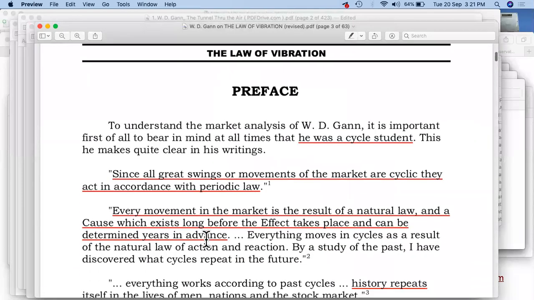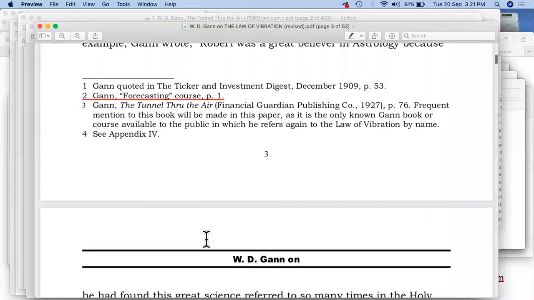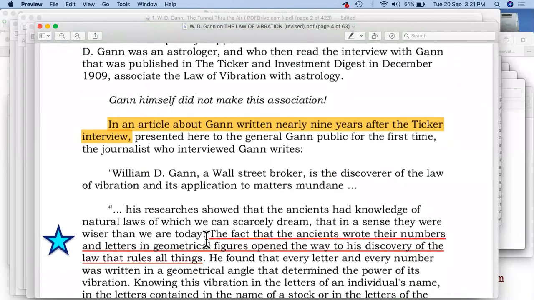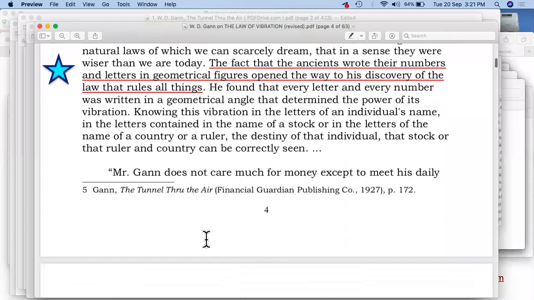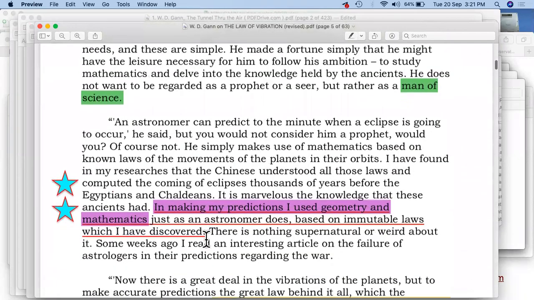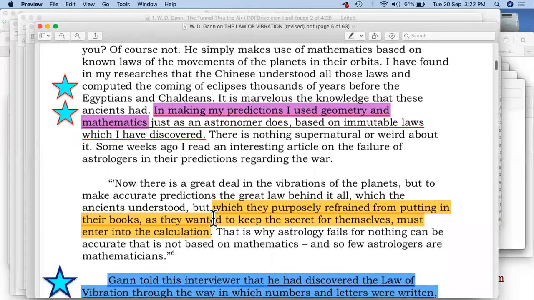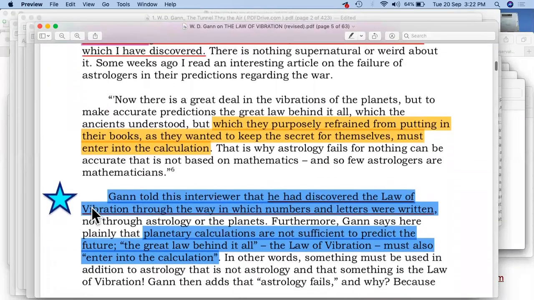And W.D. Gann, in one of his details, especially mentioned that he did study a few of the things, and his starting points were something very comfortable. He said, use geometry and mathematics more, that is the first thing. And the second very important thing is that Gann told his interviewer that he had discovered the law of vibration through the way in which numbers and letters were written.